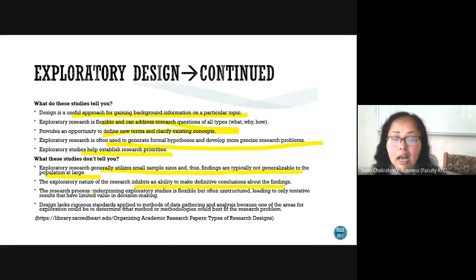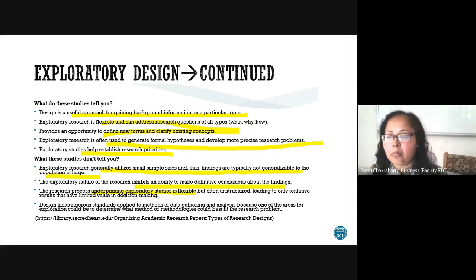It's flexible, but what I mean to say is the process involved in this particular type of study is flexible.